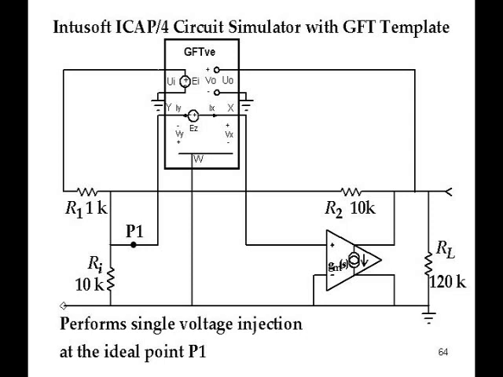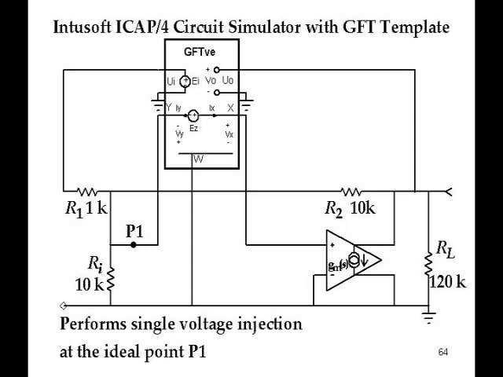And this is the template that injects a single voltage EZ. And all you do is connect that box to the place that you want in the circuit. So the Vx is connected to the forward amplifier. The Vy is connected back to the feedback tapping point.